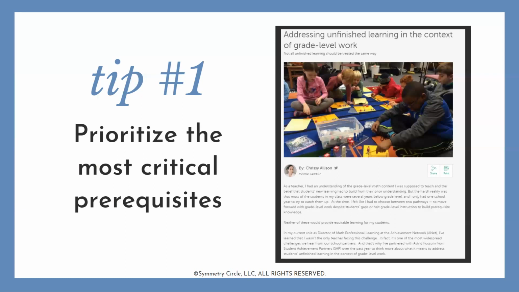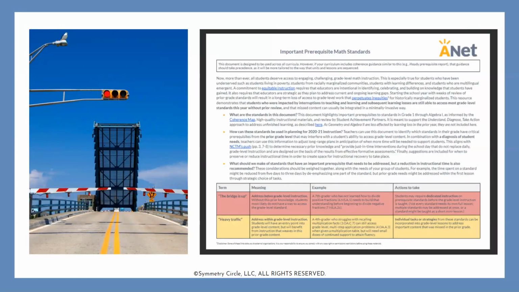There's also this great resource from the Achievement Network called Important Prerequisite Math Standards, and they build on this idea of a bridge, something that I introduced in the blog post that I just mentioned. And so we have these two different ideas here of, is the bridge up like it is here, this drawbridge, and you really cannot go across it unless you do something?